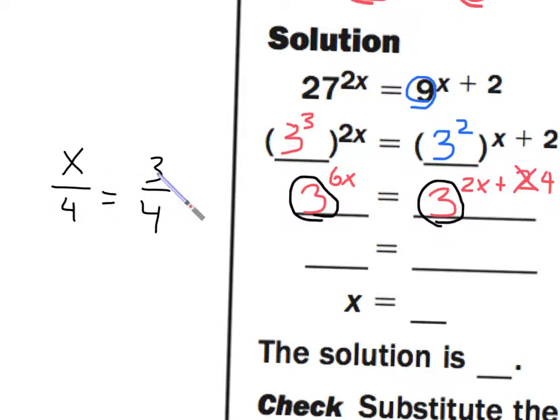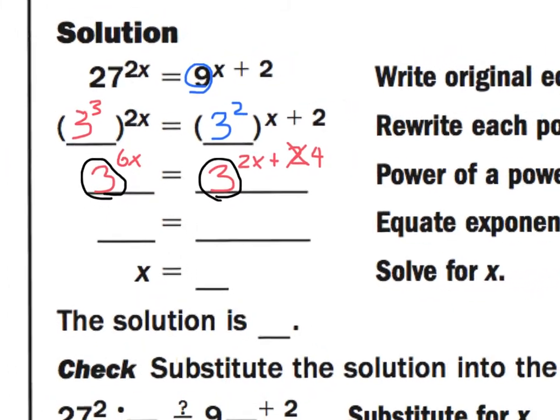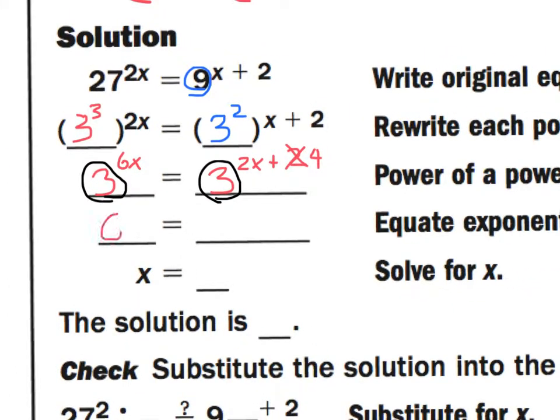That means the x and the 3 have to be the same. So effectively, I'm ignoring those and equating those. Same concept here, my bases are the same, so I'm going to equate simply the exponent, 2x plus 4.